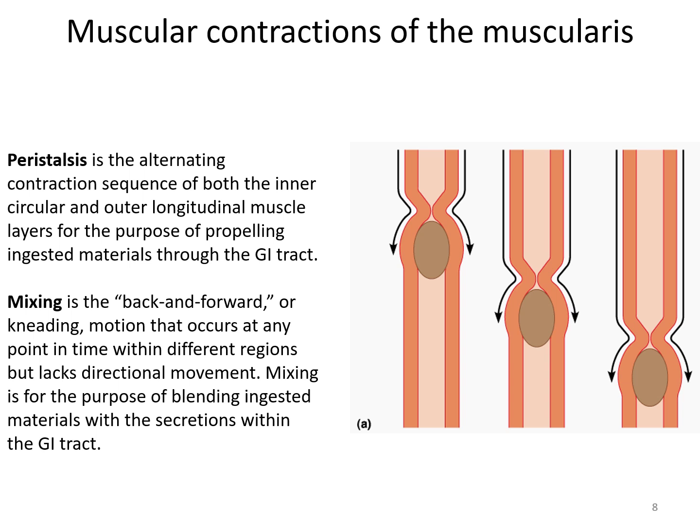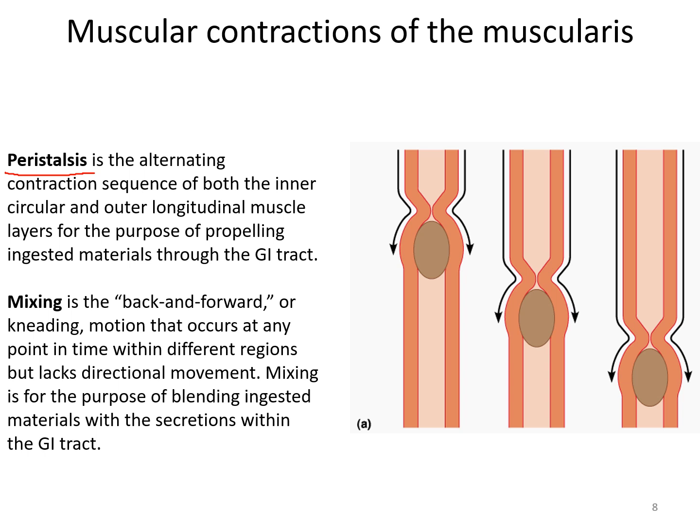Okay, these are those two types of contractions that I was talking about. The actual picture that's shown here is showing you peristalsis. I don't have a picture of mixing on this slide, but you can see that you've got these contractions pushing the bolus of food or the chyme.